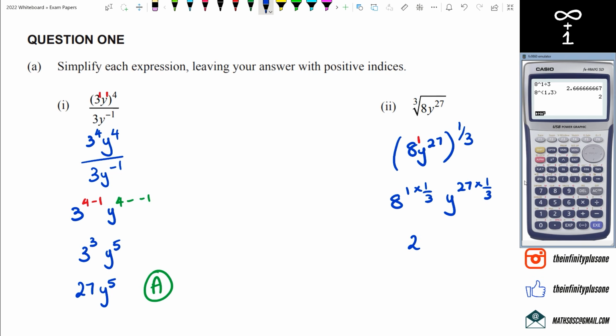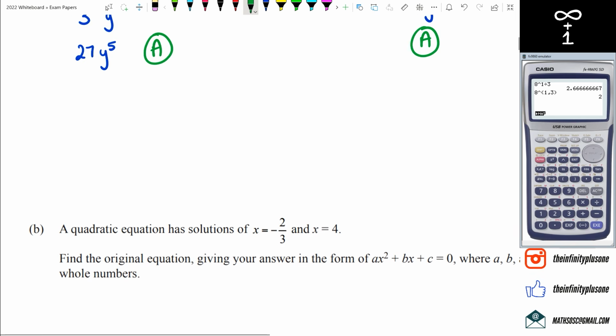And then y to the power of 27 times 1/3 is 9. So you're going to get 2y^9. This question also gets an Achieved. Anything else? Sorry, just checking the marking schedule here. No, we are good. We can go to the next question.